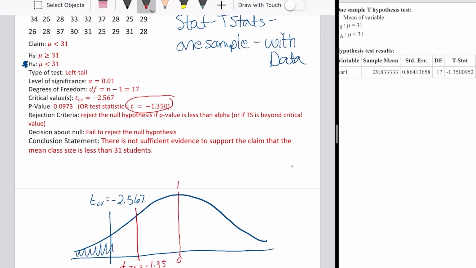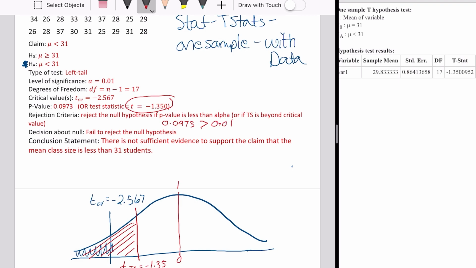So also the p-value. Let's check that too. That p-value, which is all of the area from your test statistic all the way to the end of the tail, was 0.973. That's definitely greater than 0.01.